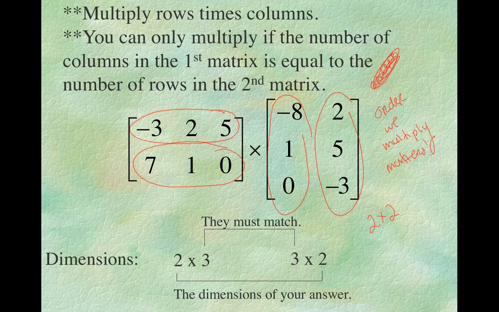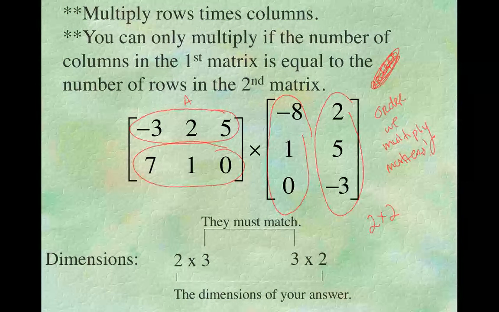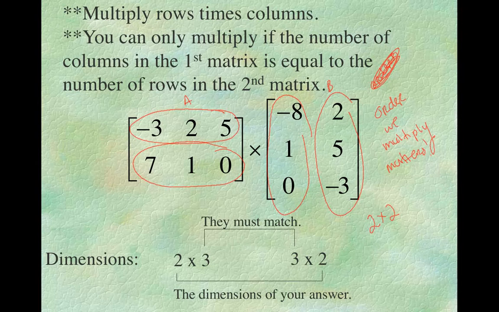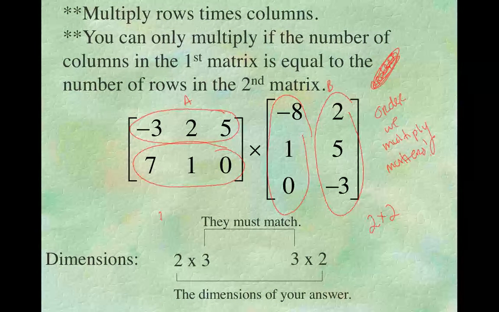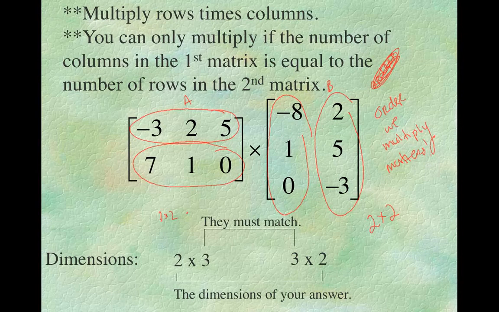Let's say this one was A and this one is B. If I switched them, I would have a 3 by 2 times a 2 by 3. I would end up with a 3 by 3 matrix, whereas here I'm ending up with a 2 by 2 matrix. A times B is not the same as B times A. They are not equivalent to each other. So the order you're doing it in matters.